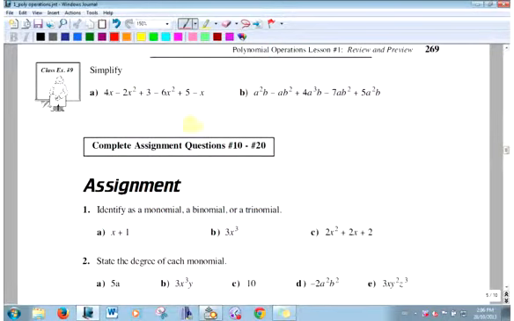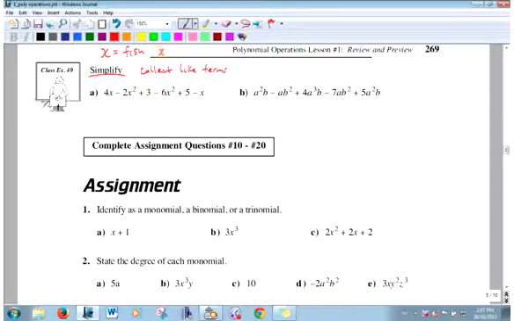Last two. Simplify. What do they mean when they say simplify? Collect like terms. Okay? I got 4x. And sometimes you might just think of it as something different, right? X, I'm going to let x be fish. Okay?